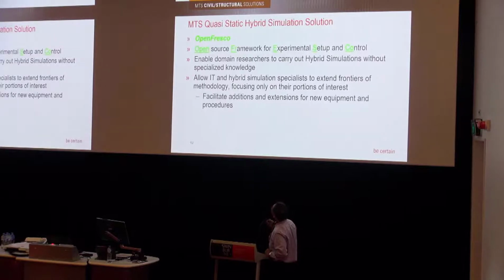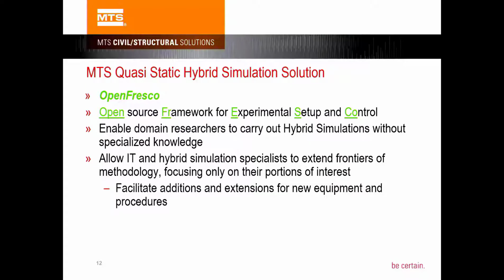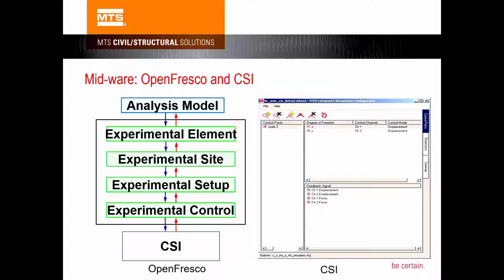Like I said, the middleware, the connection between the FE software and the test system, is one, OpenFresco, developed by Berkeley for hybrid simulation purposes, and another one, the Computer Simulation Interface, that's MTS software.